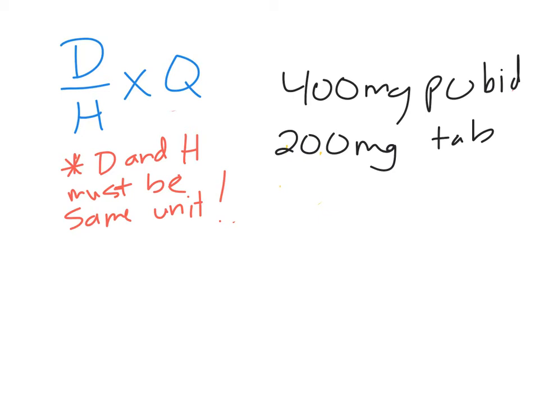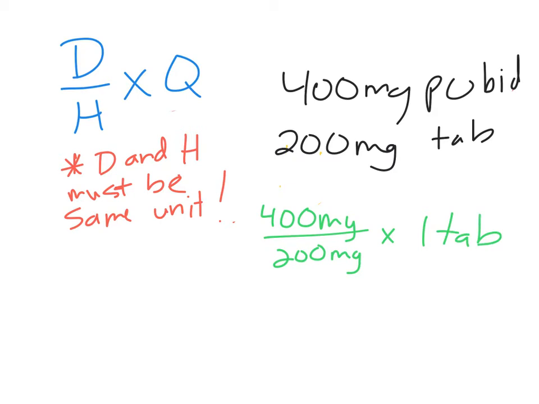Setting up D over H times Q, 400 is our order dose. Our dose on hand is 200 milligrams per 1 tablet. D and H are the same units, both milligrams, so we don't have to change anything. We take 400 divided by 200, which is 2, times 1 is still 2. So they would take 2 tablets in a single dose.